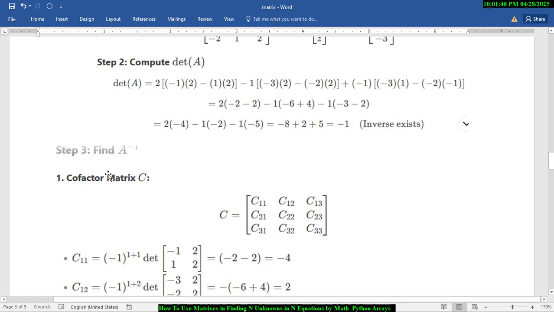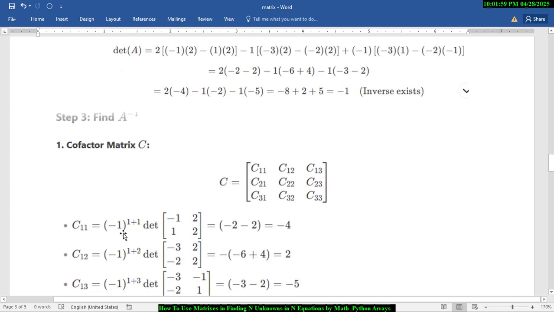Then we calculate the cofactor matrix. Cofactor matrix is C11, C12, C13, C21, C22, C23, and so on. So C11 equals minus 1 to the power 1 plus 1, because 1, 1.